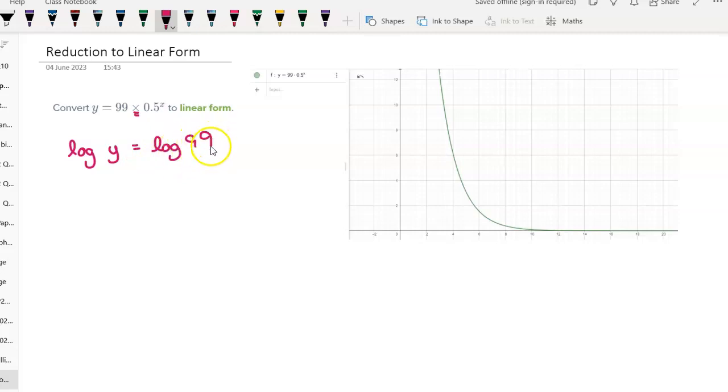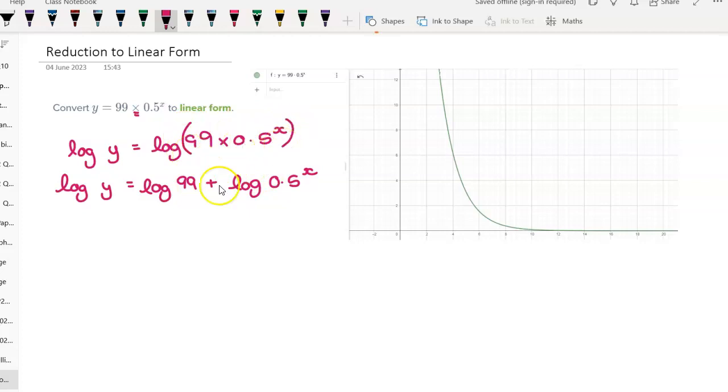Because we are multiplying here, we know from our log laws that that is the same as log y equals log 99 plus the log of 0.5 to the x. Happy with that? When you multiply inside here, you can split that up into a plus, because when you merge those two logs, you'd multiply them.